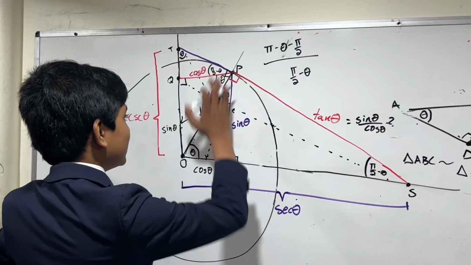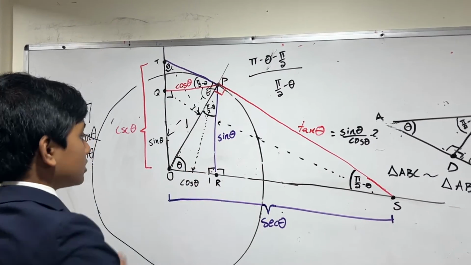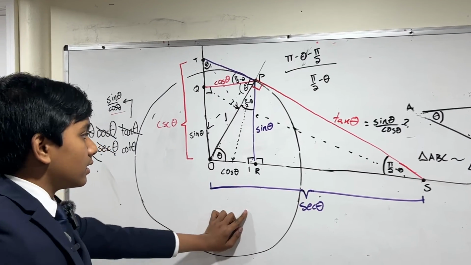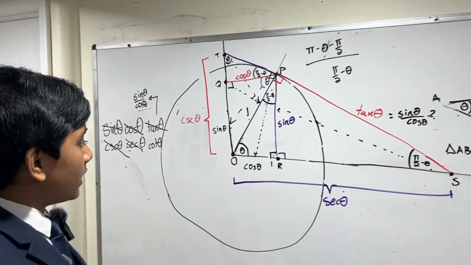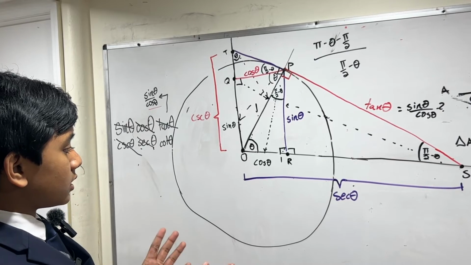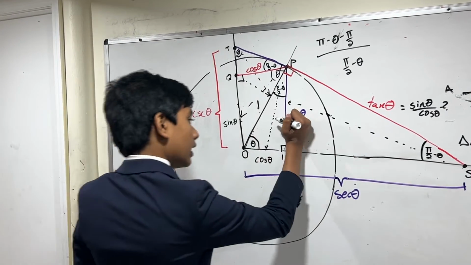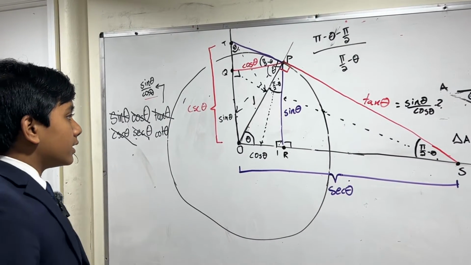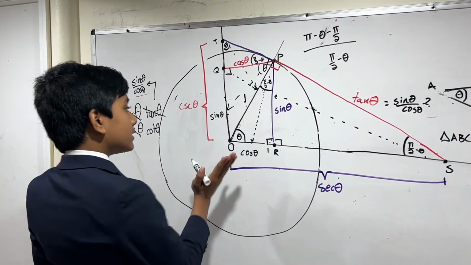Thank goodness we can use this convenient thing. So, we have cosecant theta and secant theta. Here, we have sine theta and secant theta minus cosine theta. That's not going to work. Here, we have sine theta and cosine theta. So now, what are we going to do? Well, this is 1.